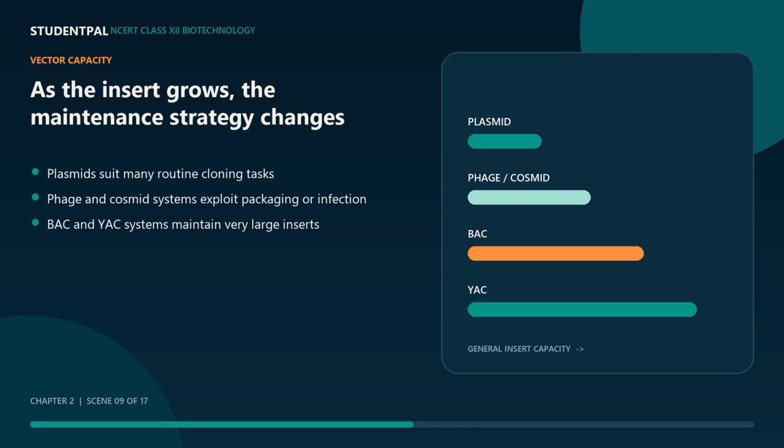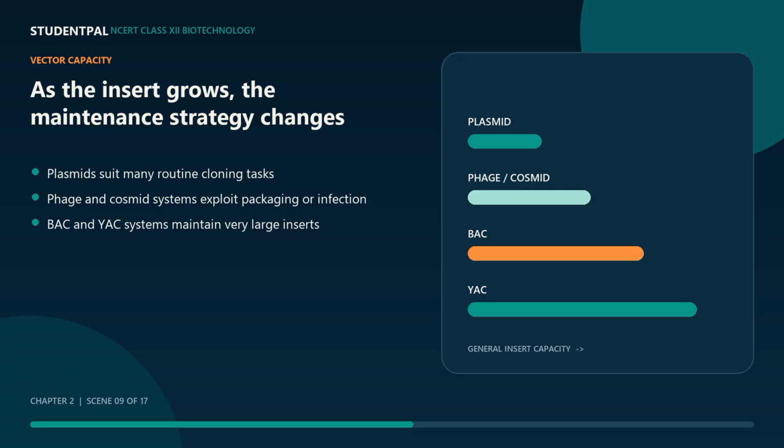No single vector class is best for every DNA fragment. Standard plasmids are convenient for many routine inserts, but larger fragments require systems designed for greater capacity and stability. Bacteriophage-derived vectors exploit efficient infection or packaging steps. Cosmids combine plasmid-like maintenance with phage packaging signals.